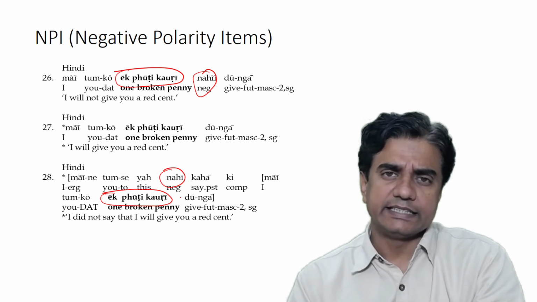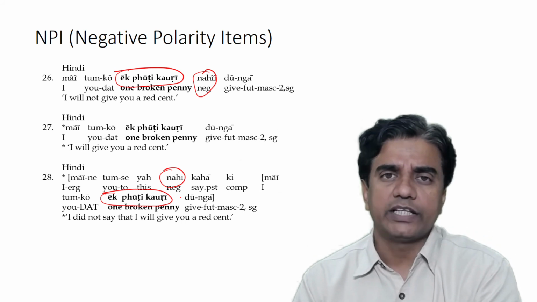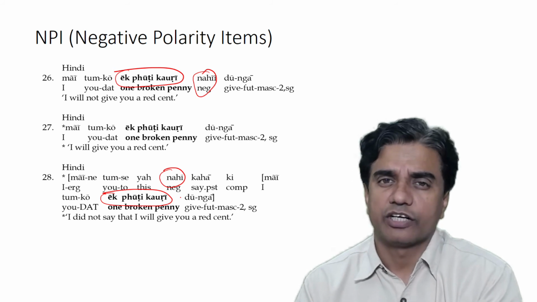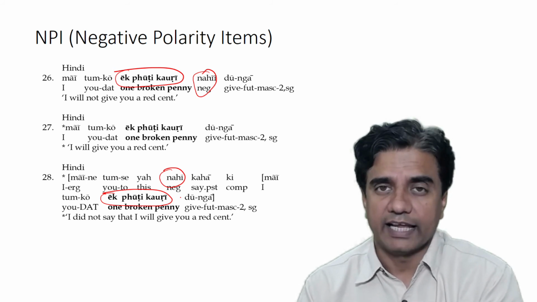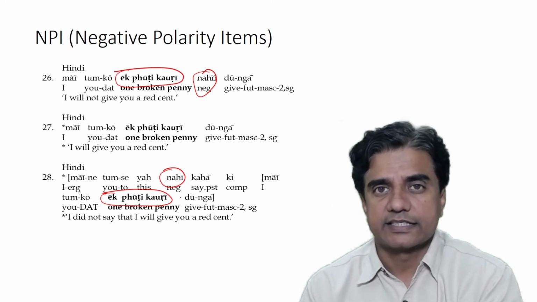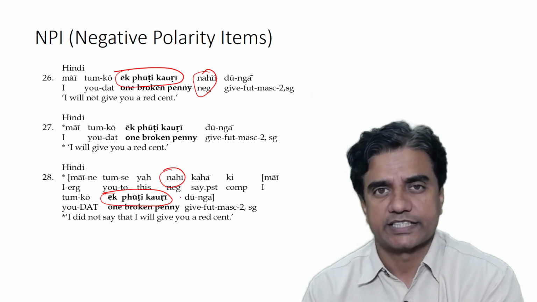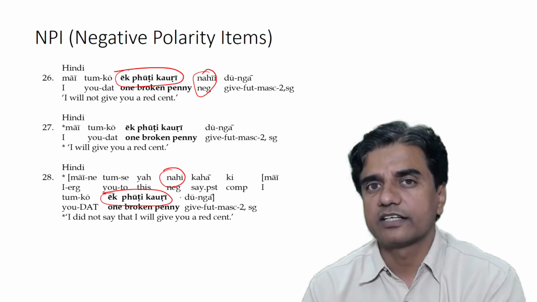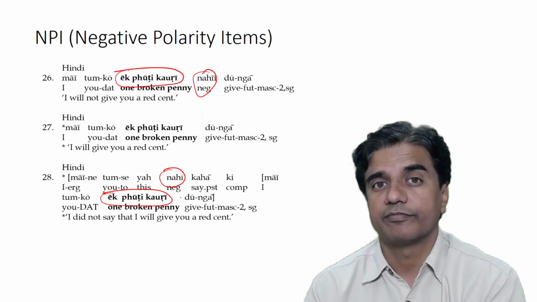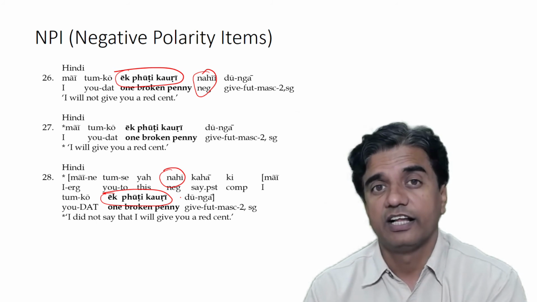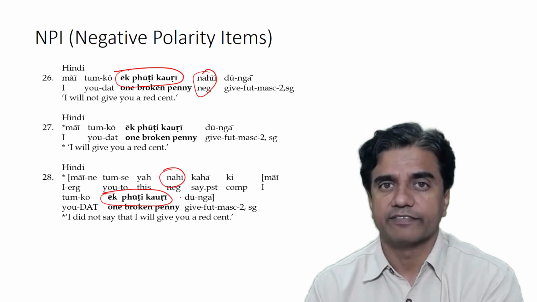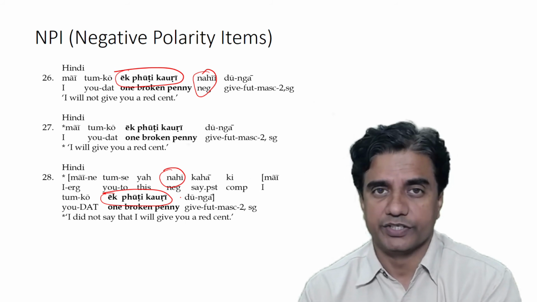Now, there is yet another debate on this, whether or not this is licensed at logical form, that is, at the level of LF. This discussion brings us different dimensions to our understanding, and takes us to yet another deeper level of understanding of how negative elements in general and negative polarity items in particular work in natural language vis-a-vis the human mind.